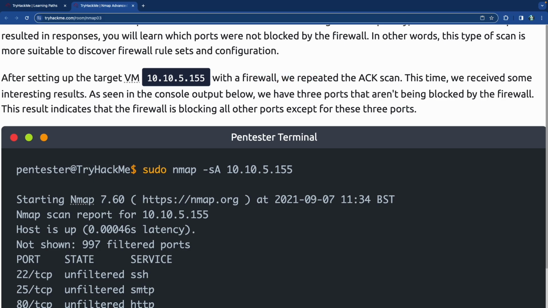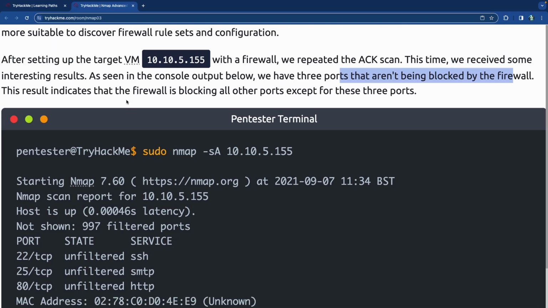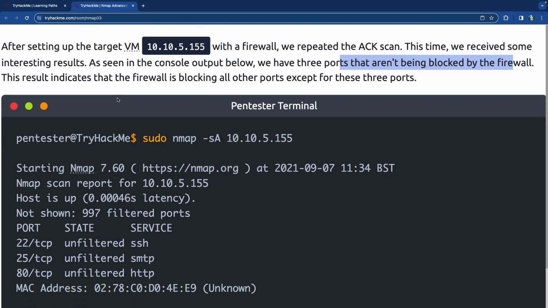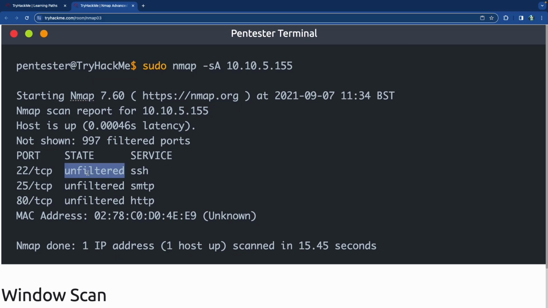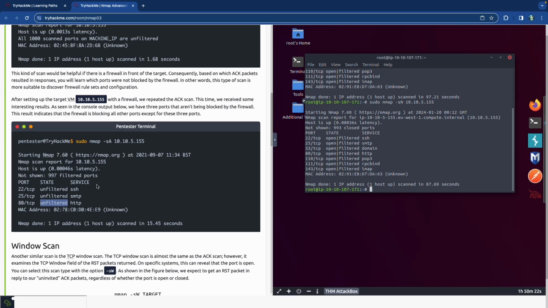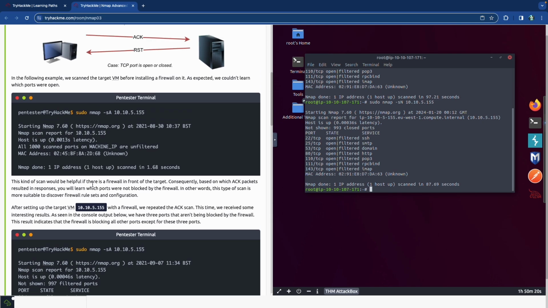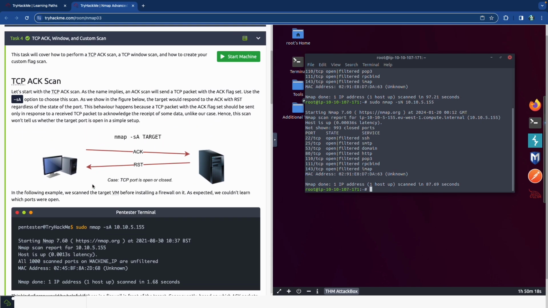This time, we received some interesting results, as seen in the console output below. We got 3 ports that aren't being blocked by the firewall. This indicates that the firewall is blocking all other ports except for these 3 ports. So unfiltered means the firewall doesn't block them, and filtered would mean that they're actually going through a firewall. They're being filtered, right? So that was the sA scan, the acknowledge scan.